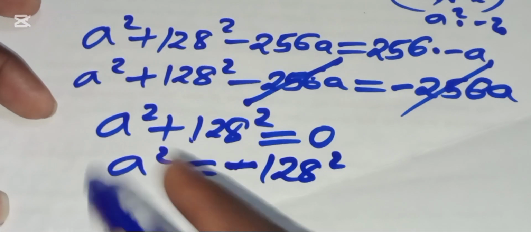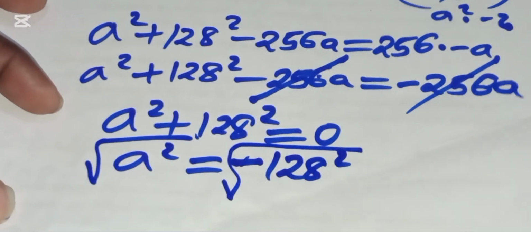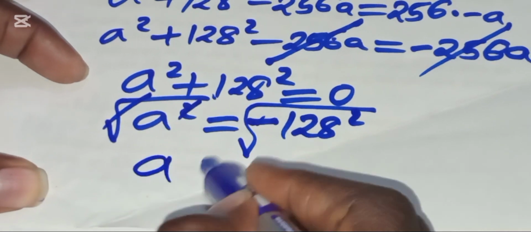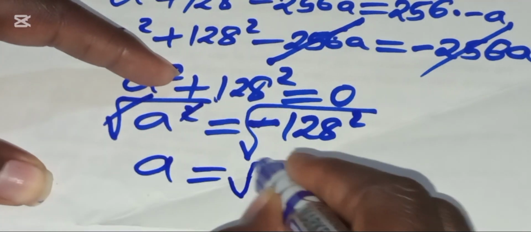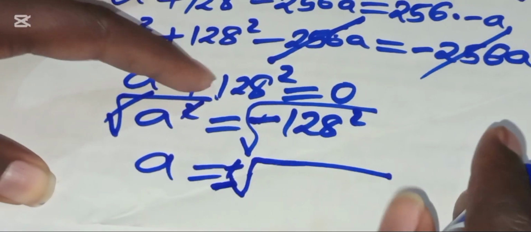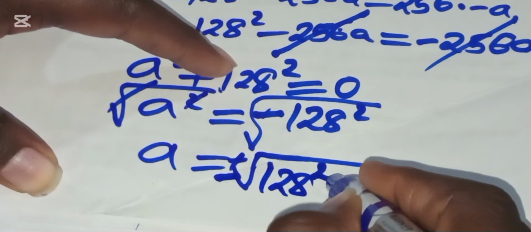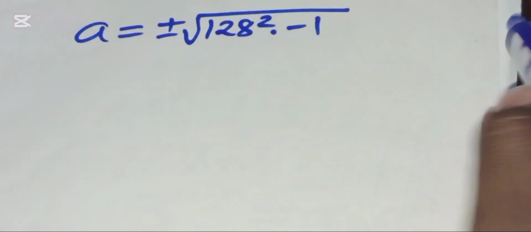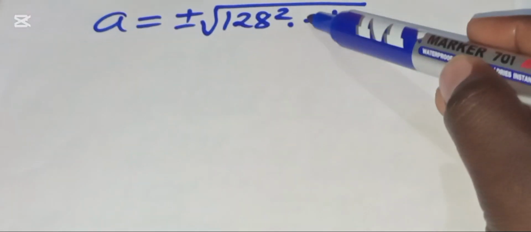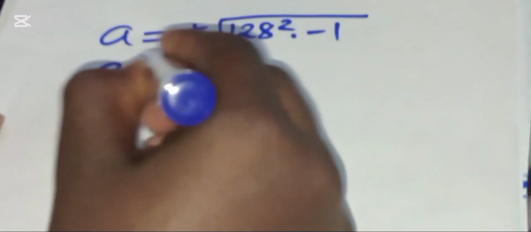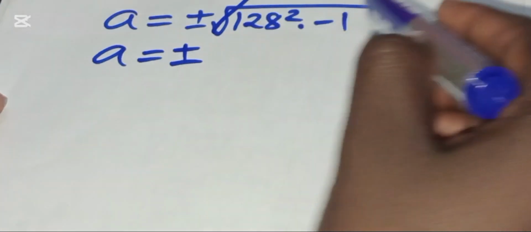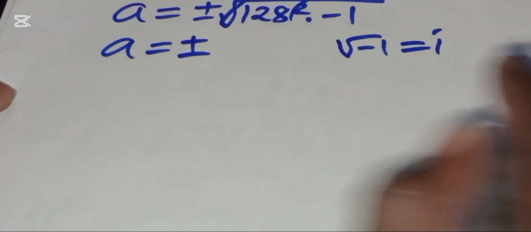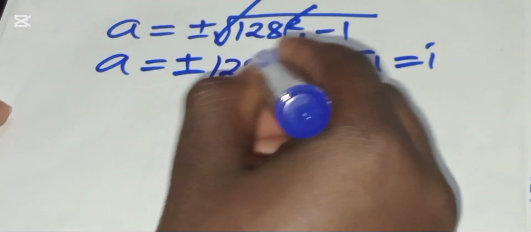To get the value of a, we take the square root on both sides, so that a is equal to plus or minus the square root of 128 squared multiplied by negative 1. The square root sign and the squaring simplify, and given that the square root of negative 1 is equal to i, we'll have a equal to plus or minus 128i.